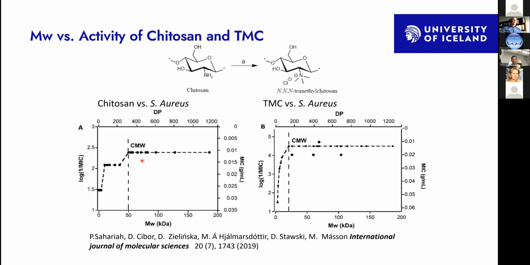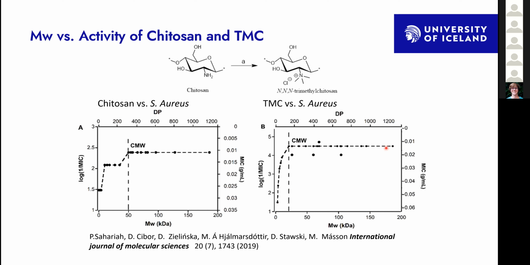We made many different molecular weights of chitosan and trimethyl chitosan, and we observed this interesting relationship that the activity increased very dramatically with molecular weight until we reach a certain molecular weight, which we call the critical molecular weight for activity. And after that, molecular weight doesn't seem to have any effect on activity.